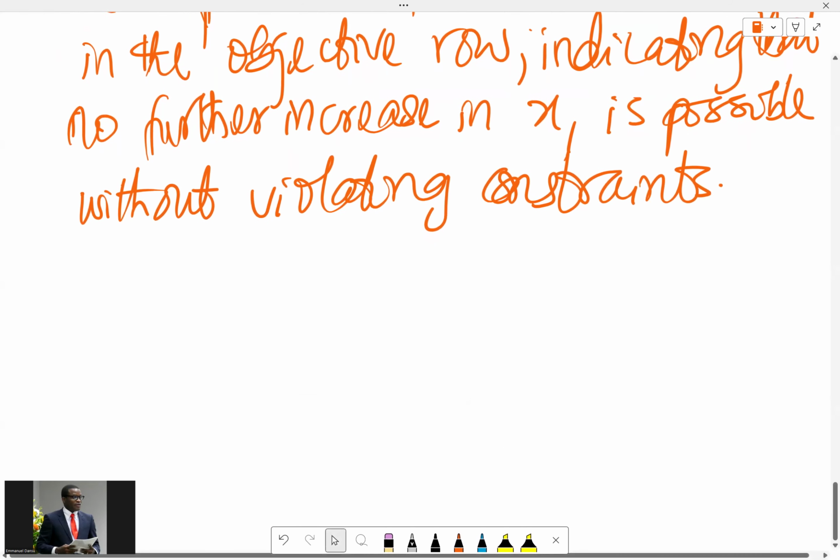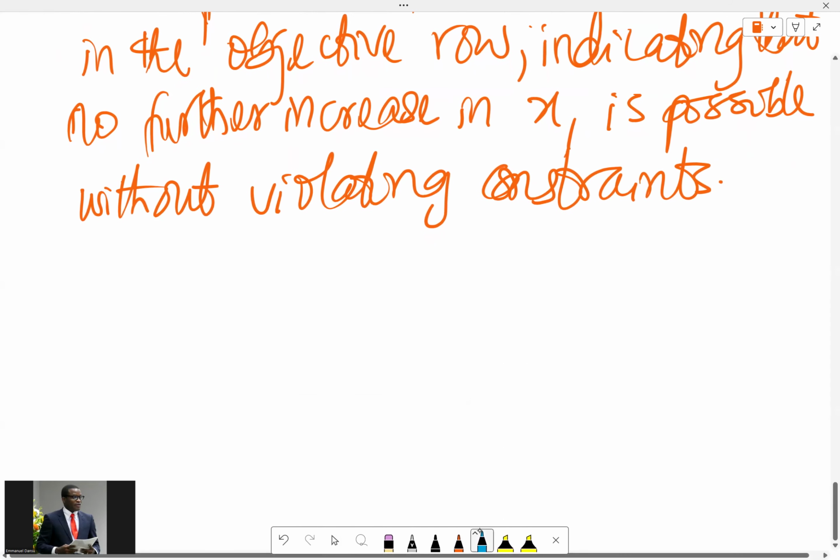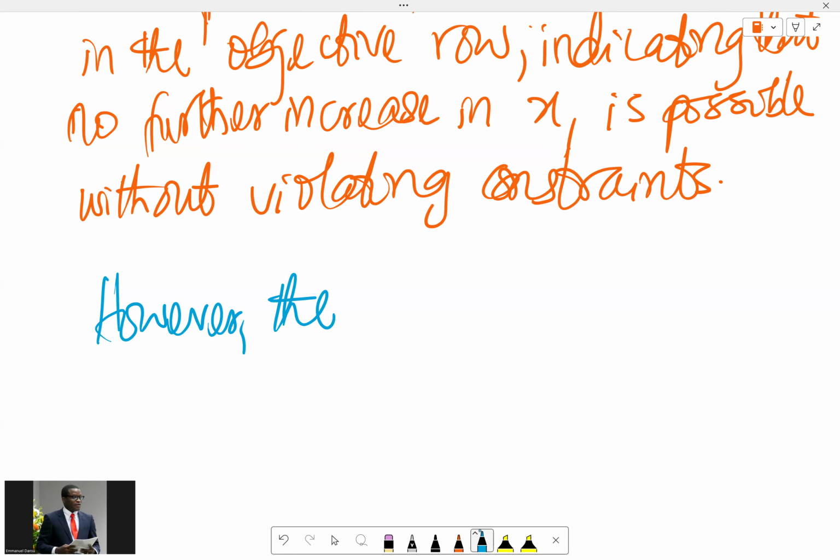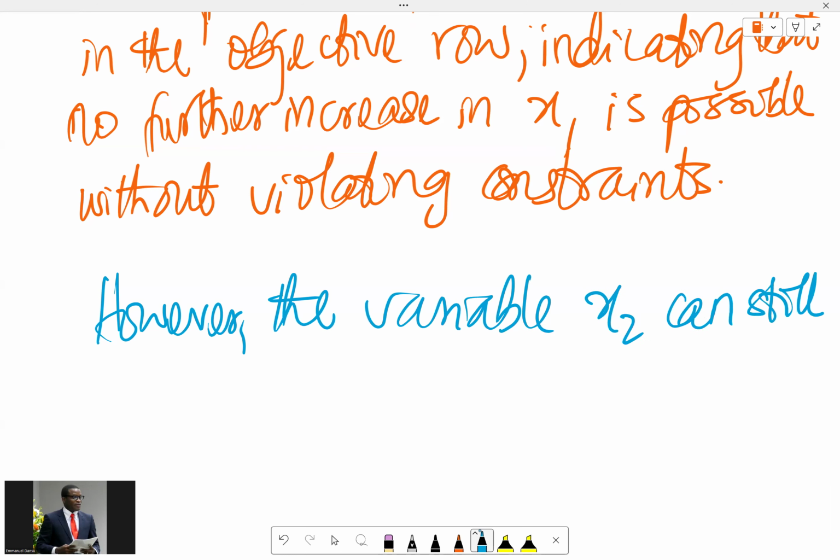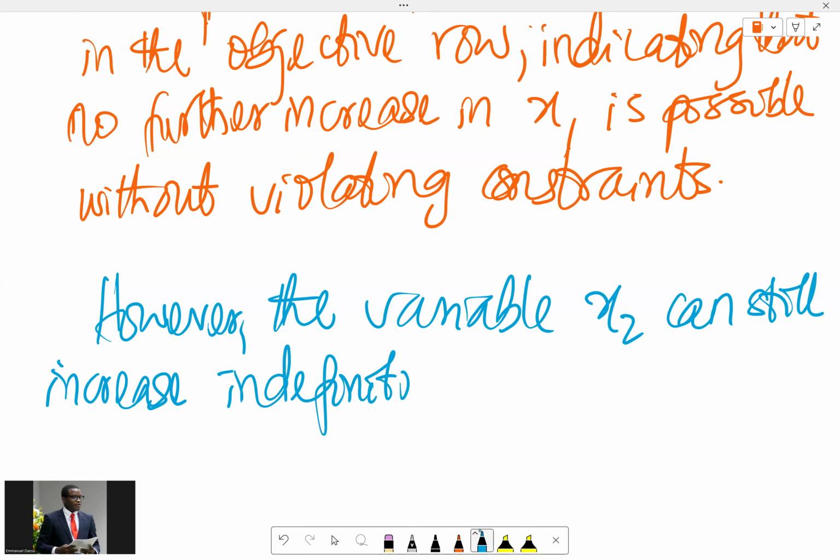So we have that going, right? Now see, however, the variable x2 can still increase indefinitely while maintaining feasibility.